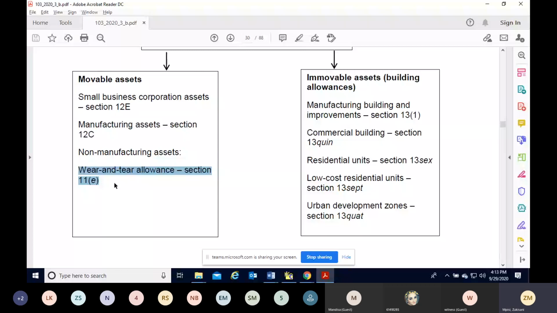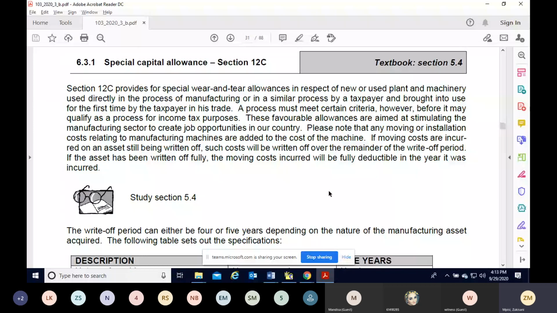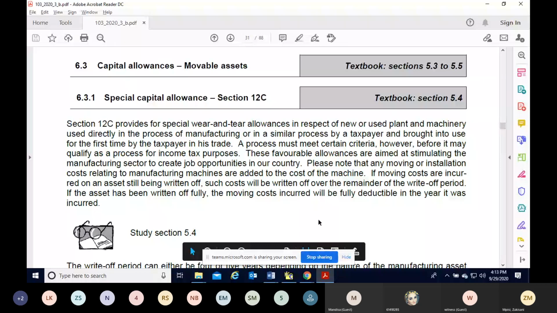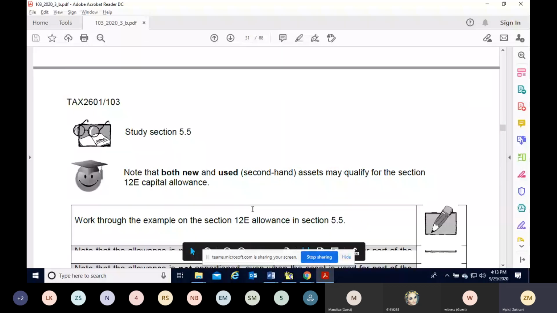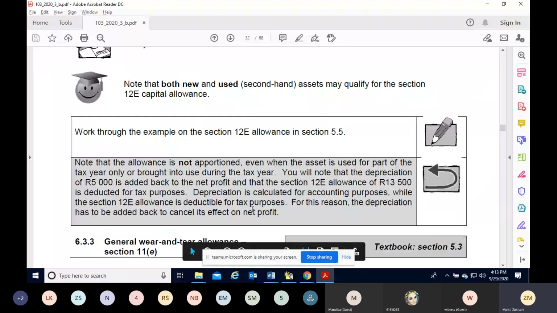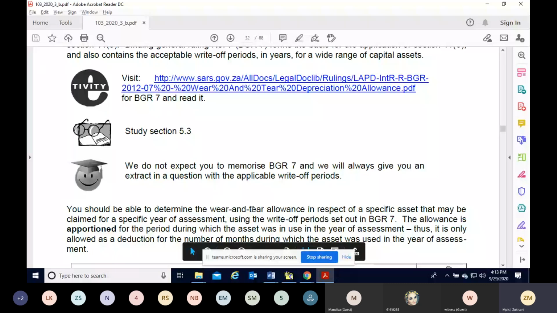Immovable assets, Section 13, commercial buildings, residential units, we will just cover now. Section 12C has already covered the write-off period that I have mentioned. And they have made examples, so we'll come back to it. Then 11E.